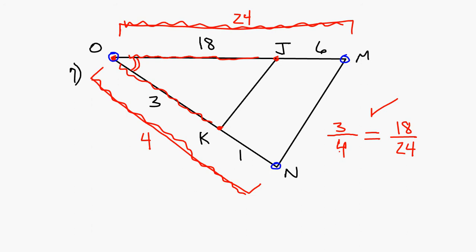So, state whether the triangles are similar. Yes, they're similar. If so, write a similarity statement and the postulate or theorem. So the similarity statement, there are 3 different options. If we go OKJ on the first triangle, triangle OKJ is similar to triangle ONM.